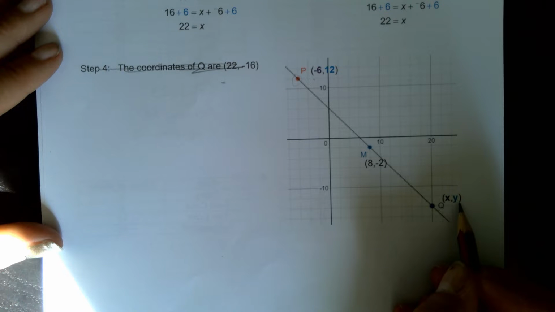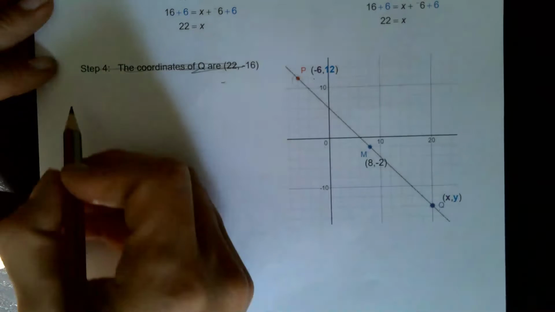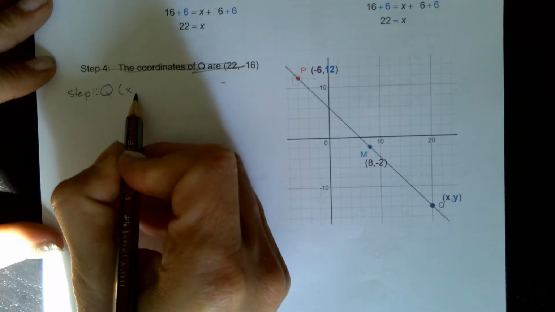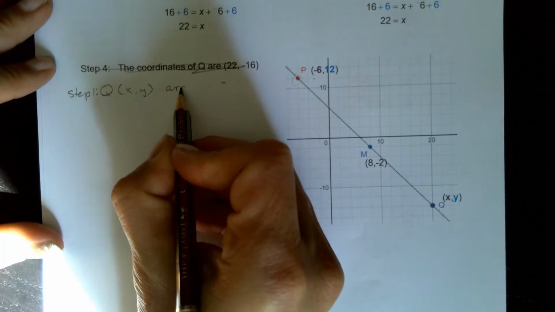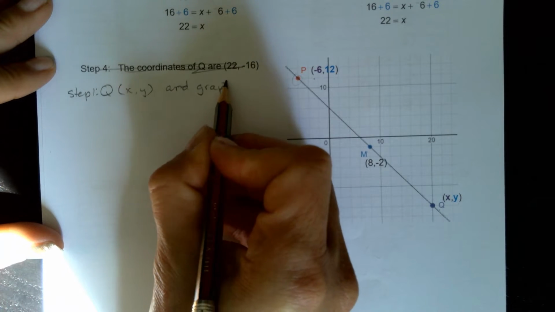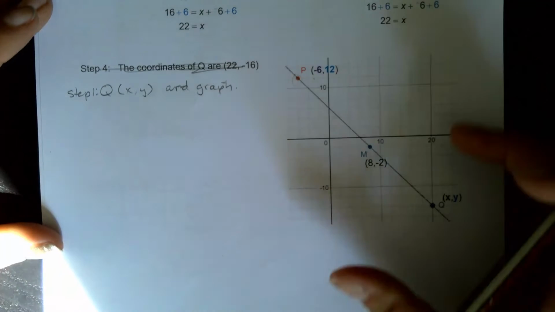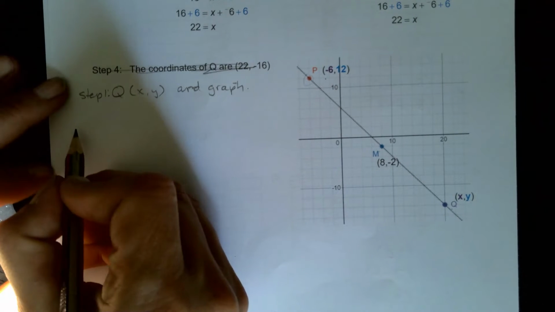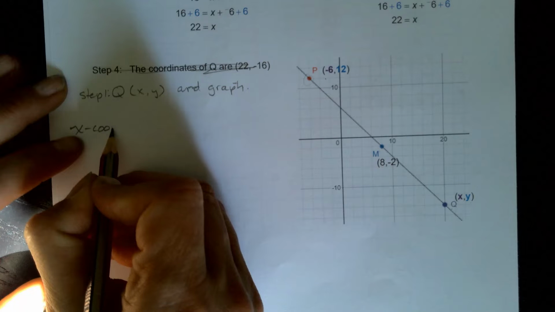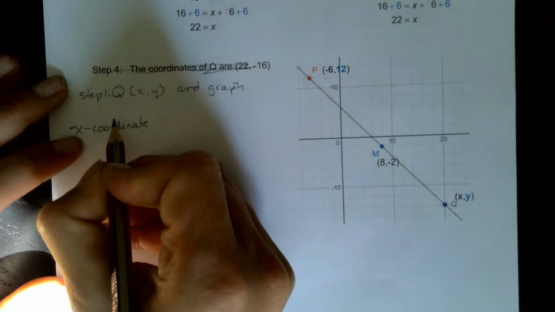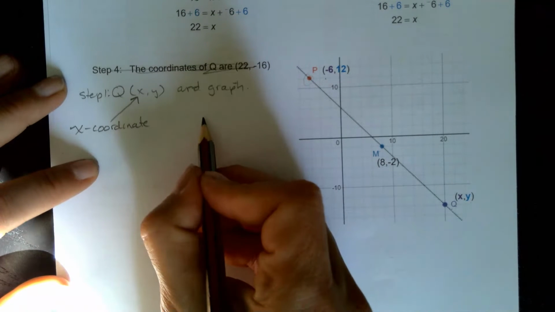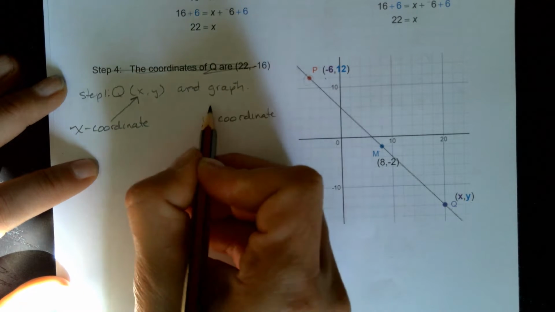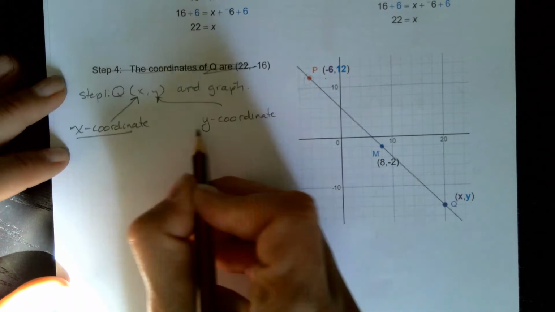So step 1: Q is (x, y), and we graph it. It doesn't have to be a pretty graph, just something very basic. Then we have to find the x coordinate and the y coordinate of our endpoint.